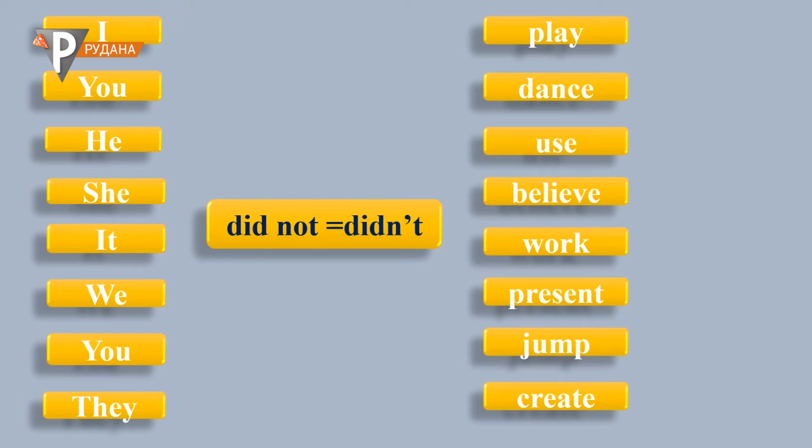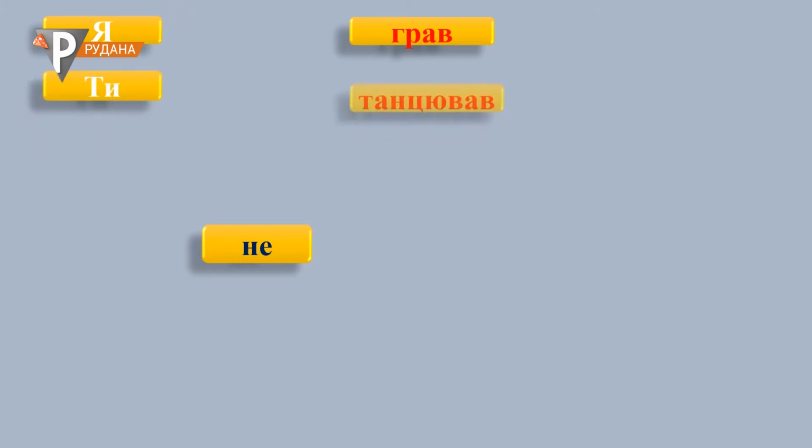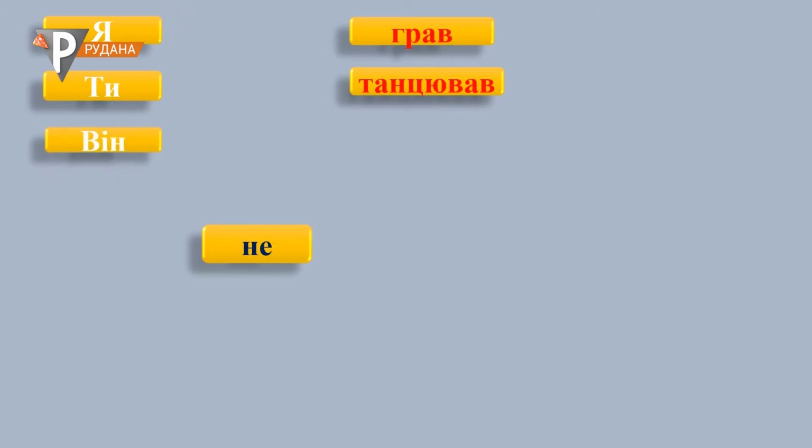Let's translate. Here, in this video presentation slide, you will see some words and phrases in Ukrainian, and you have to translate them into English. For example, I didn't play. You didn't dance. He didn't use.